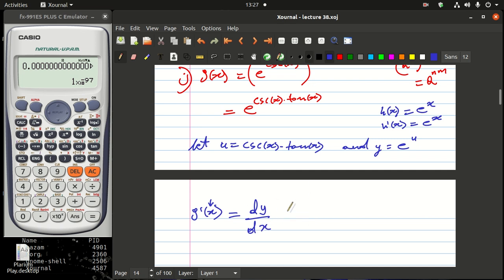So this is going to be the same as dy, because here my y is in terms of u, so it's going to be dy/du times du/dx. Another thing that I wanted to mention here is that whenever you have dy/dx, you must know that this is just the same thing as d/dx of y.